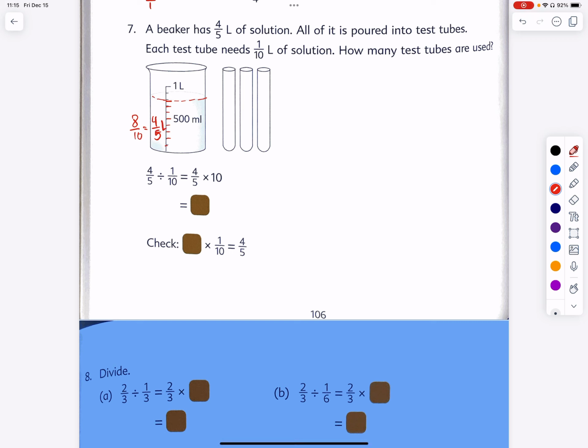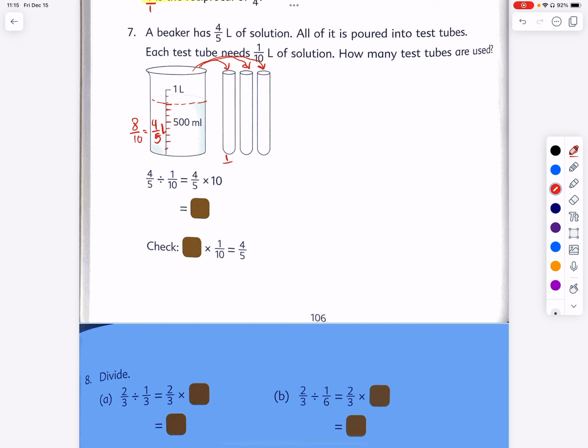Now, all of this liquid is going to be poured into test cubes. Each test cube can only hold 1/10 of a liter. That's the capacity. How many test cubes will we need?